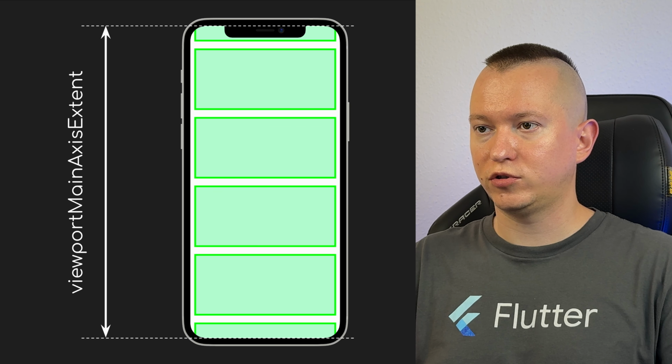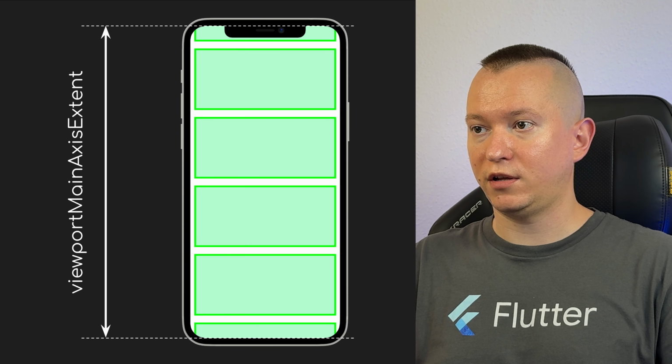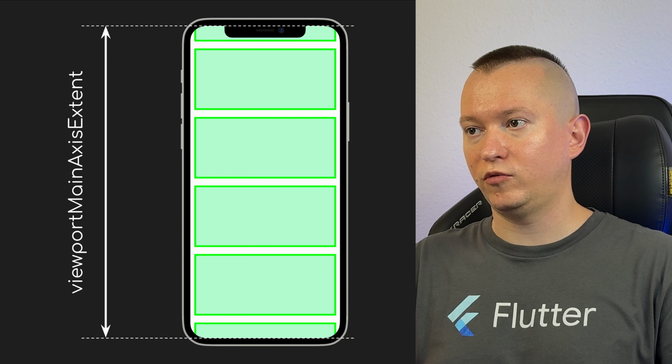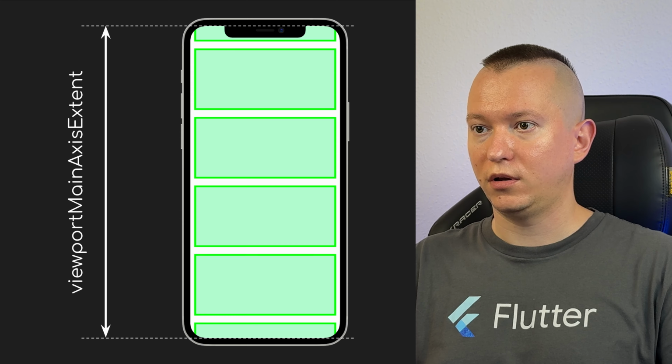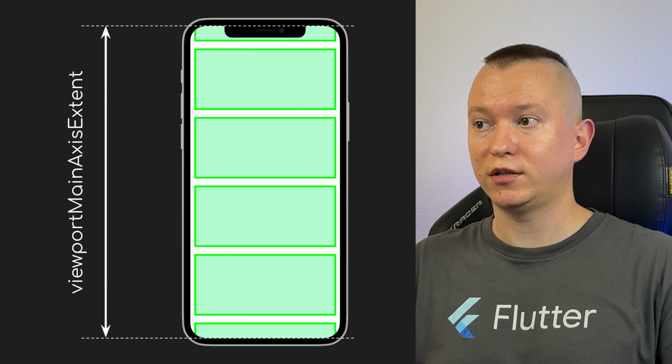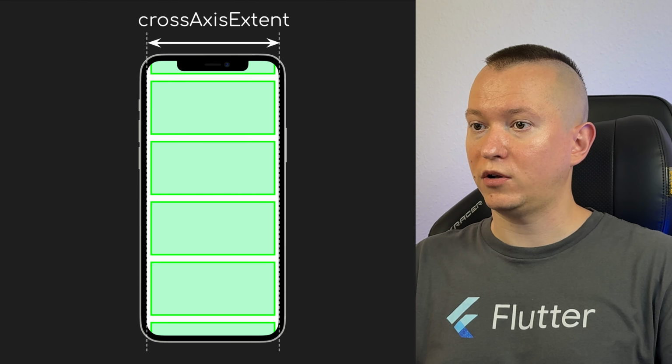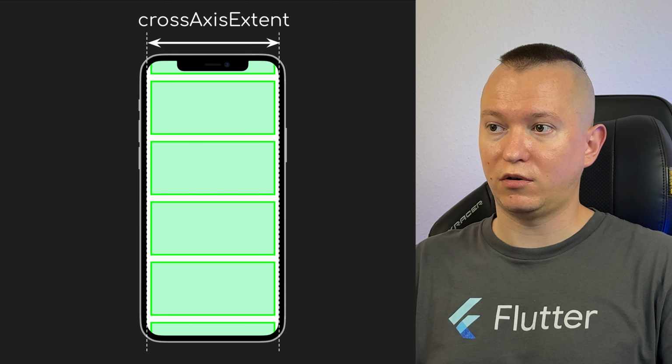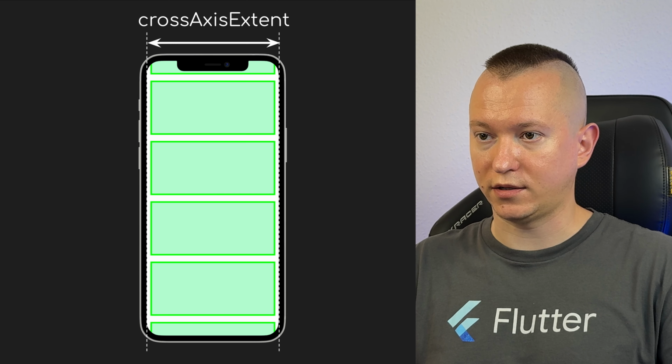In addition to those viewport state descriptors, SliverConstraints also include the viewport main axis extent, the number of pixels the viewport can display on the main axis, and cross-axis extent, the number of pixels in the cross-axis.